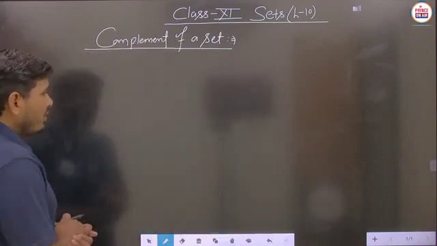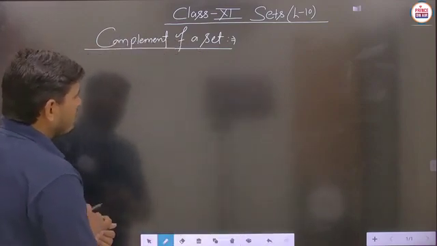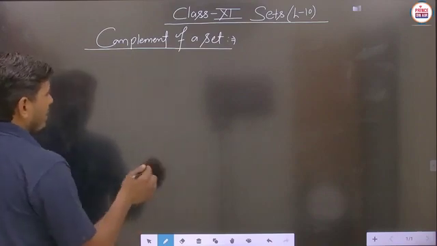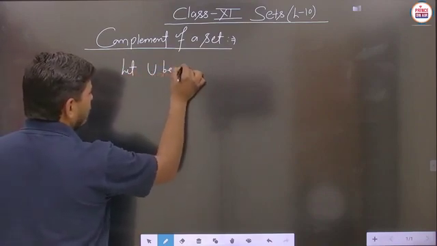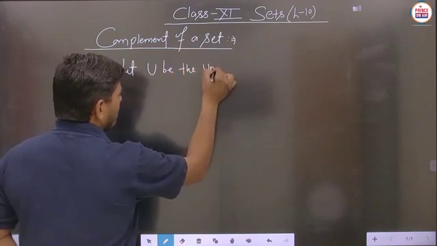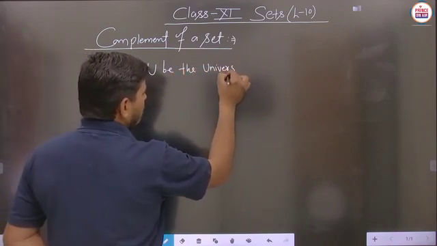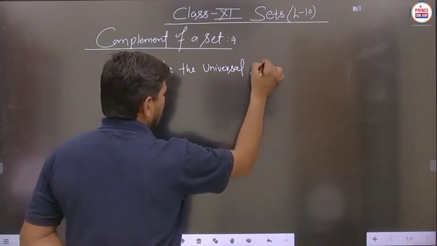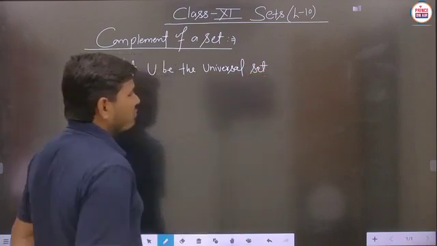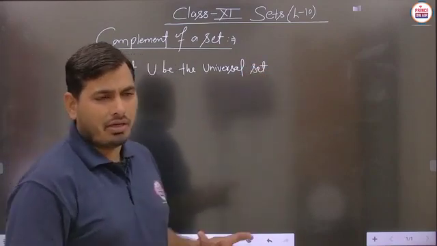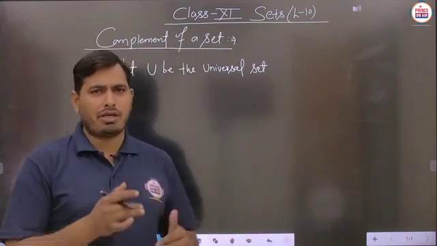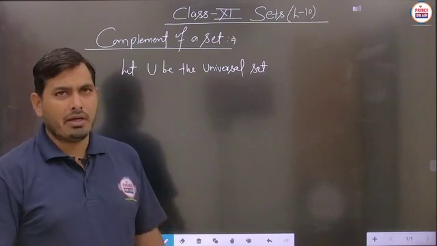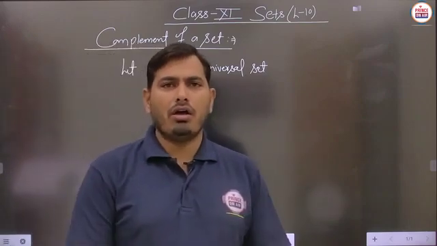So basically, students, if we are calculating the complement of a set, let U be the universal set. I think each and every student knows very well about the universal set. In a particular context, suppose all the objects are included in a particular set, then that set is said to be the universal set.